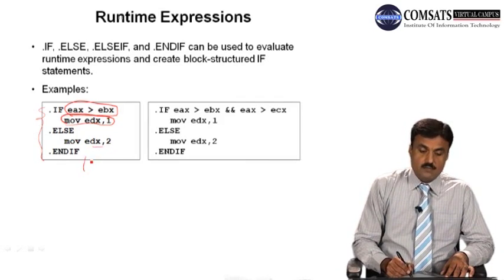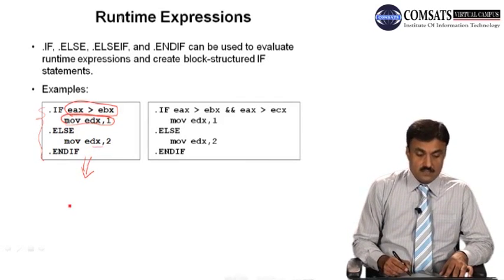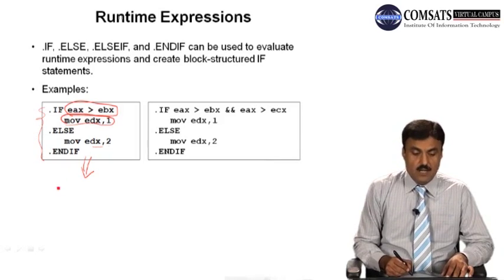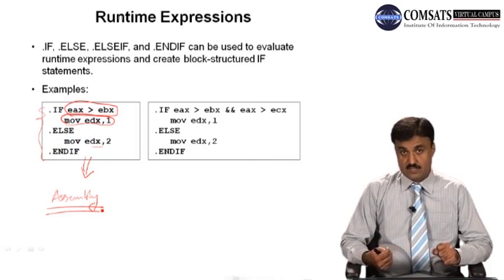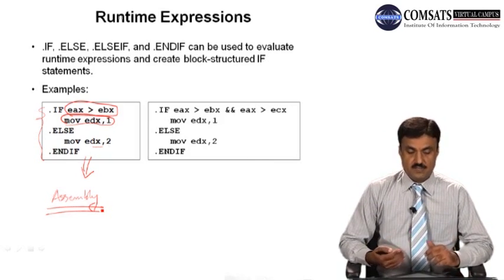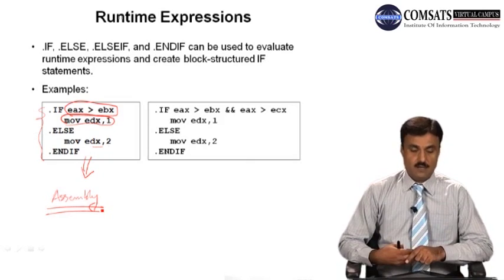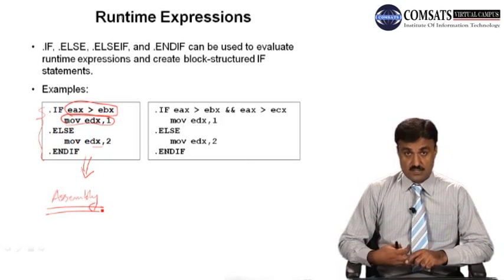When we write this, these are directives for the assembler, and the assembler will generate the assembly code or machine code accordingly. Accordingly means the same code that we discussed previously will be generated, based on the logic that we are using.